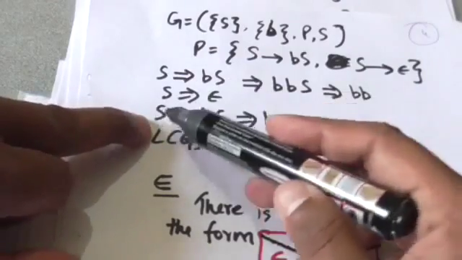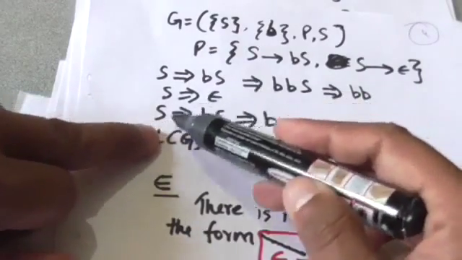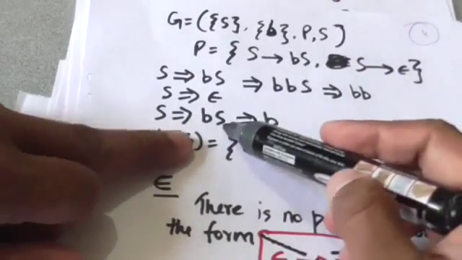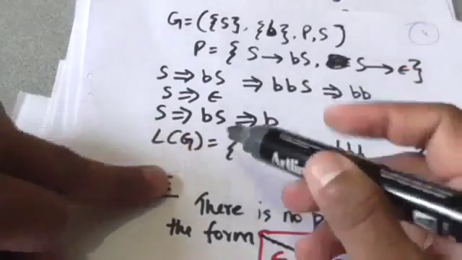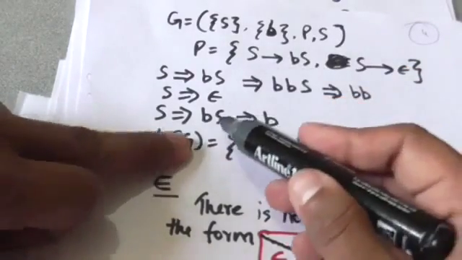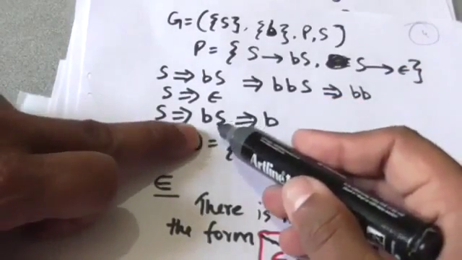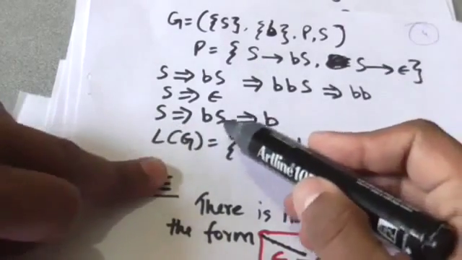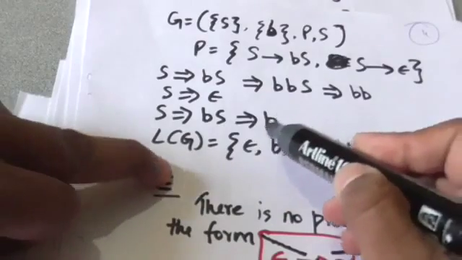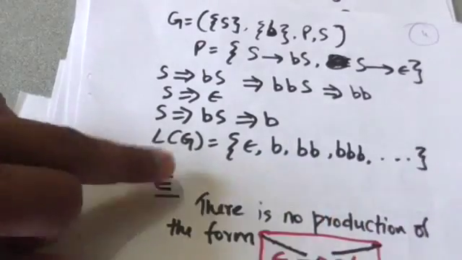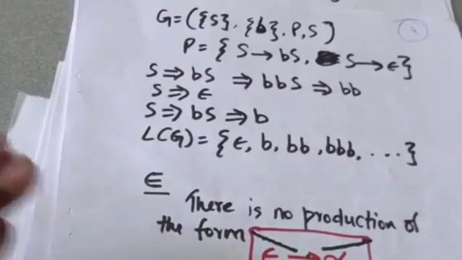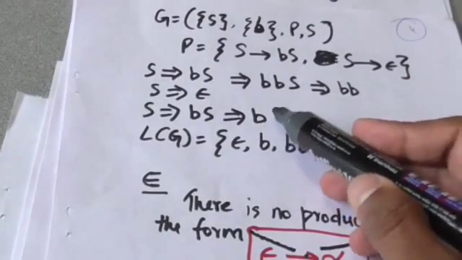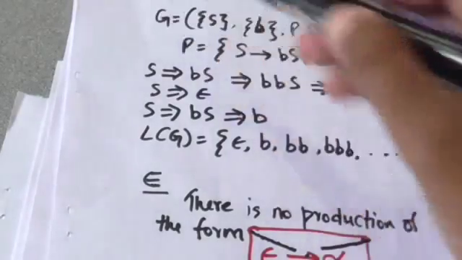Starting from S, here I applied a production rule S derives b S. Then I have applied the production rule S derives empty string, so S is replaced by empty. So what I got? b. So b will also be in the language of this grammar G.